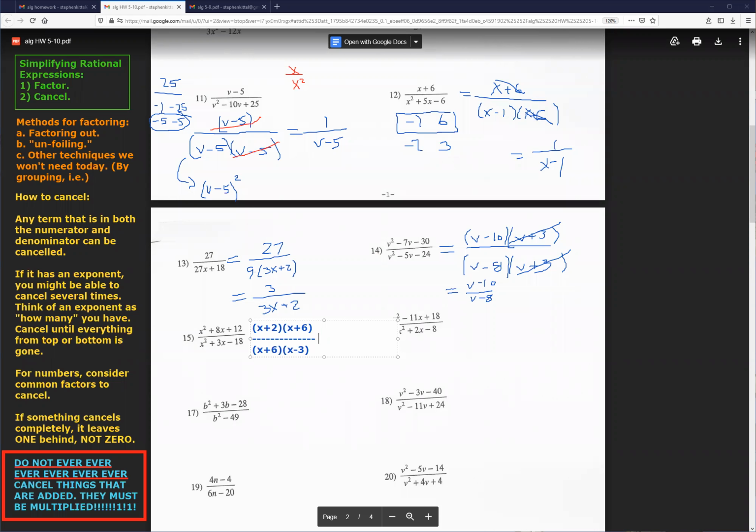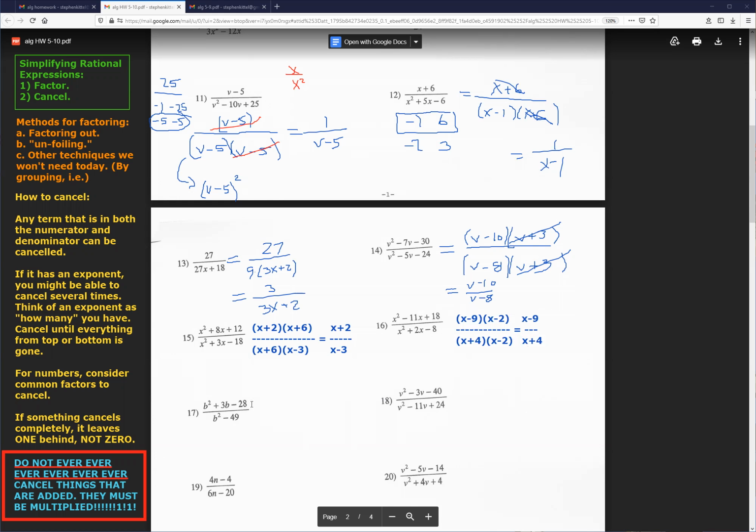So then that's going to cancel, and we're going to be left with the x plus 2 on the top, and we're going to be left with the x minus 3 on the bottom. 16. This is going to factor into x minus 9, x minus 2, over x plus 4, x minus 2. We'll cancel the x minus 2's, and we'll end up with x minus 9 over x plus 4.